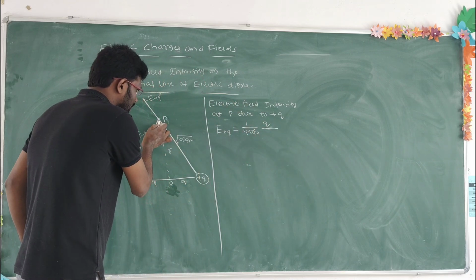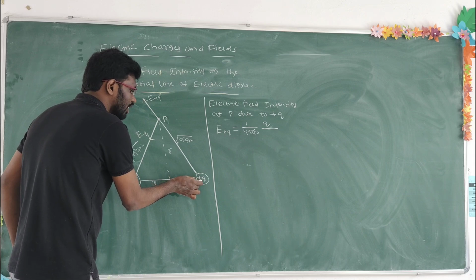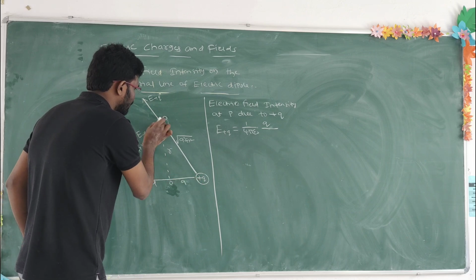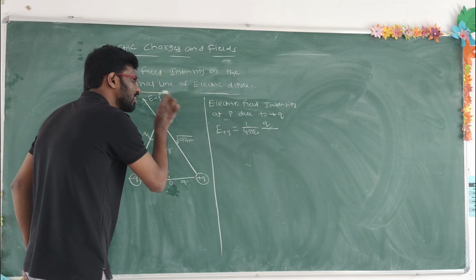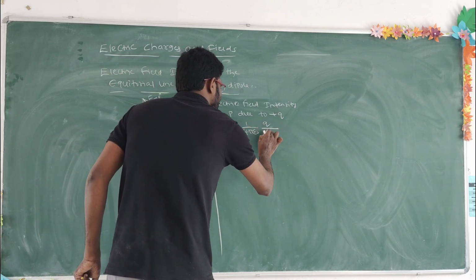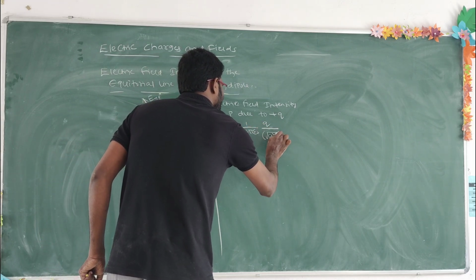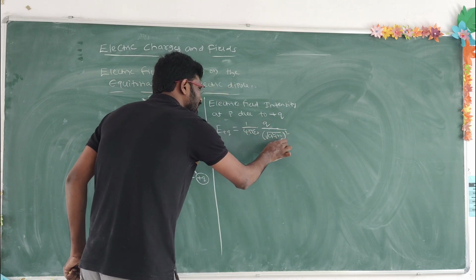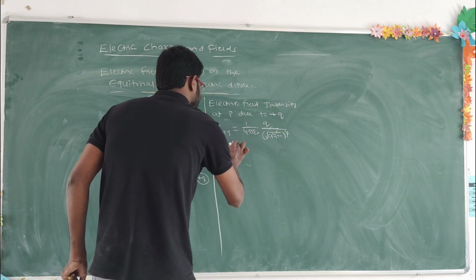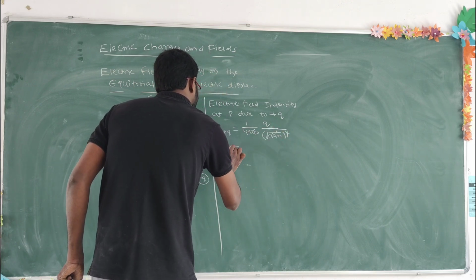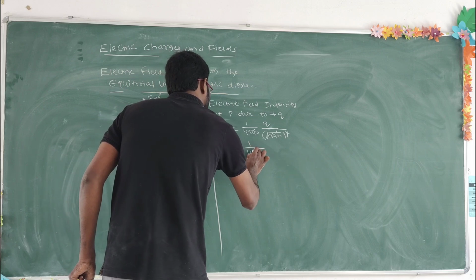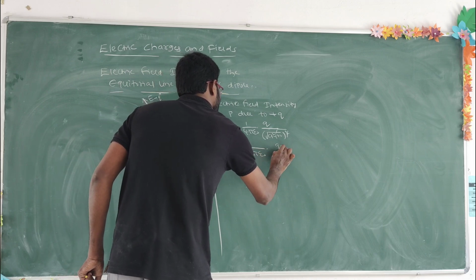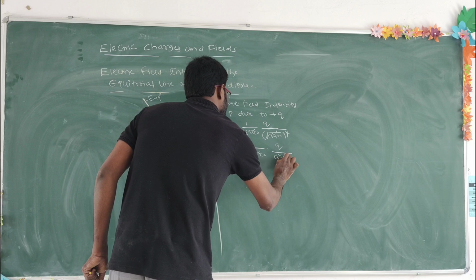Here r square is nothing but the distance of the point from the charge plus q, which is under root a square plus r square. So with the whole square, the square root will cancel. We are left with E plus q equal to 1 by 4 pi epsilon naught q by a square plus r square.